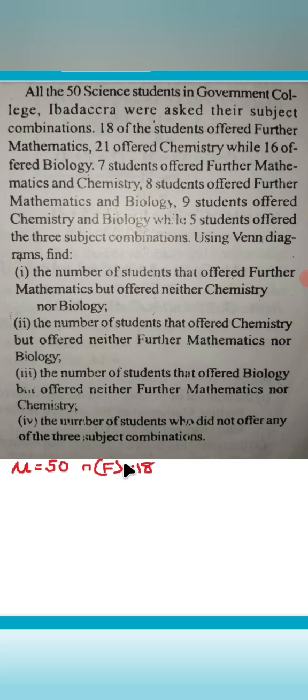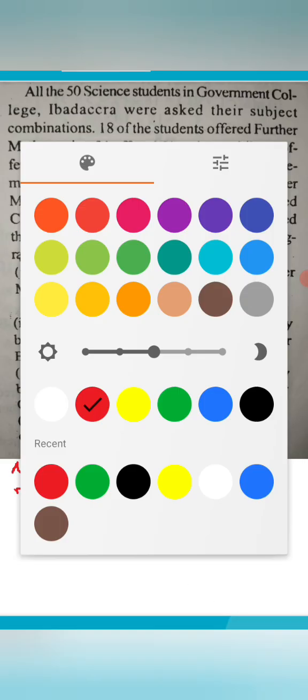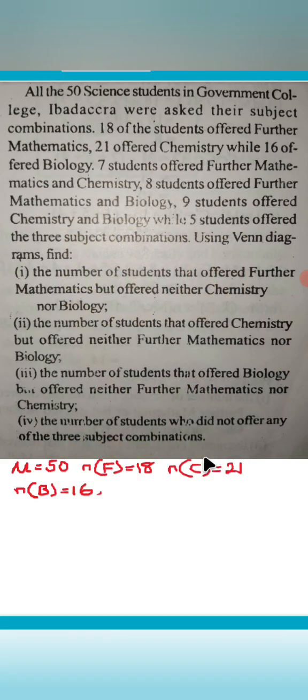And 21 offered chemistry. So I'll say the number of chemistry C equals 21. And 16 offered biology. I have the number of biology B is equal to 16. Then 7 students offered further mathematics and chemistry. So I will say the number of F intersection C is equal to 7.